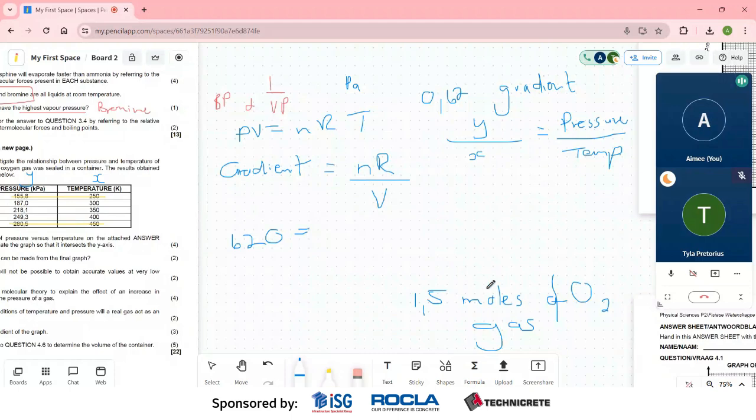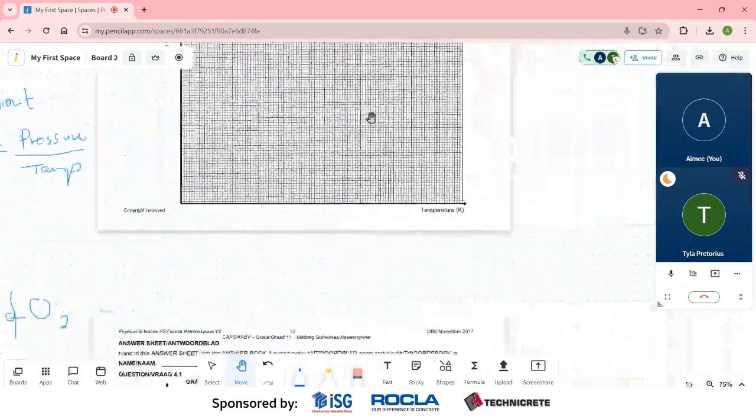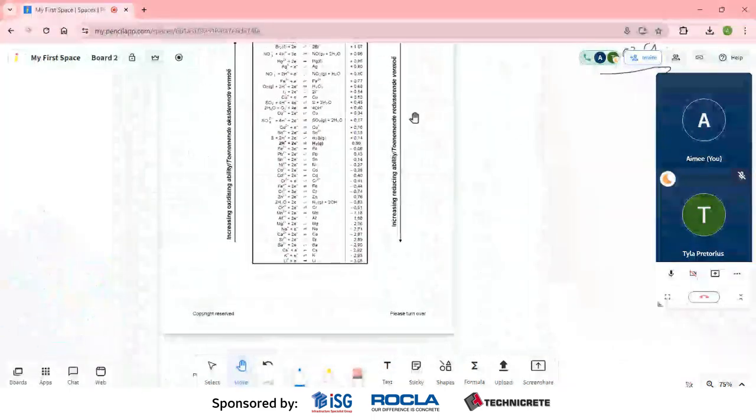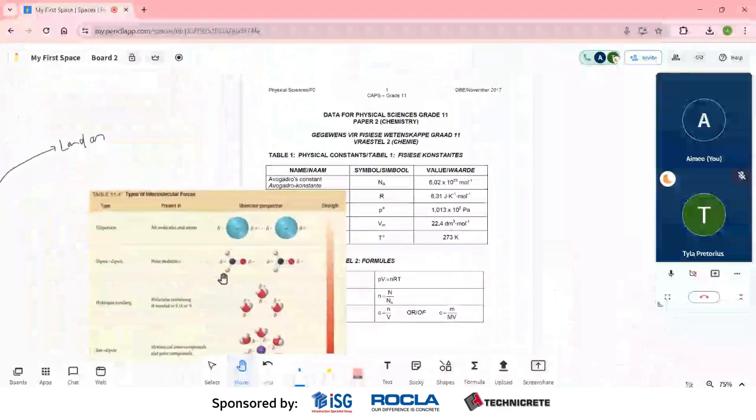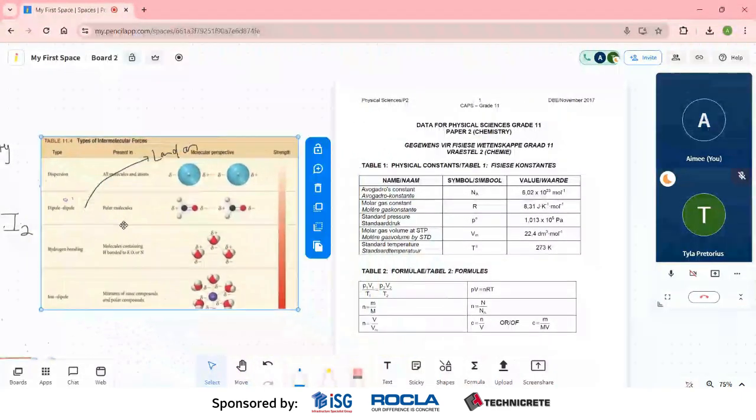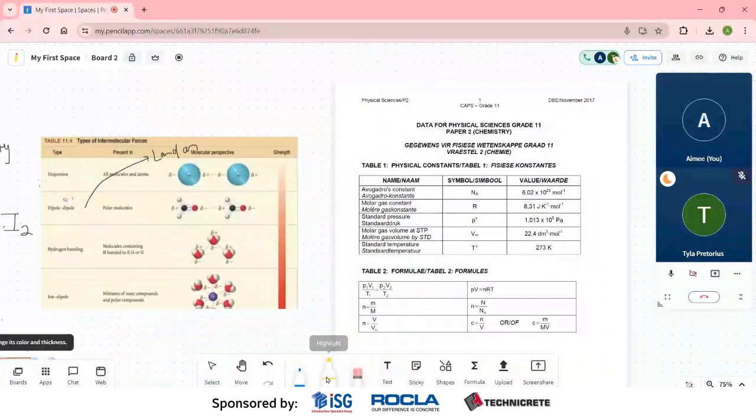Our n is what we calculated here. Our R, our molar gas constant, is 8.31 joules per Kelvin.